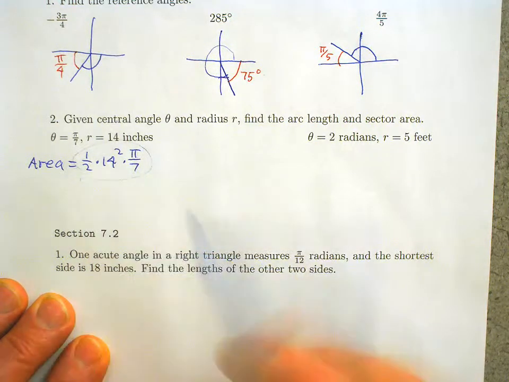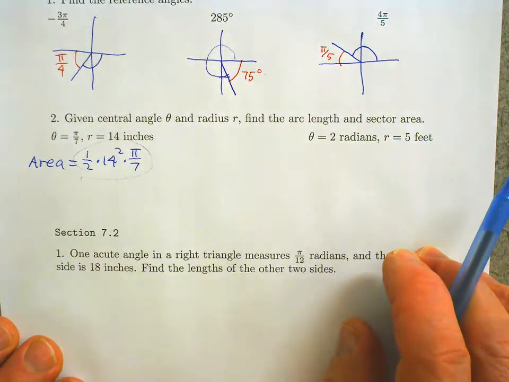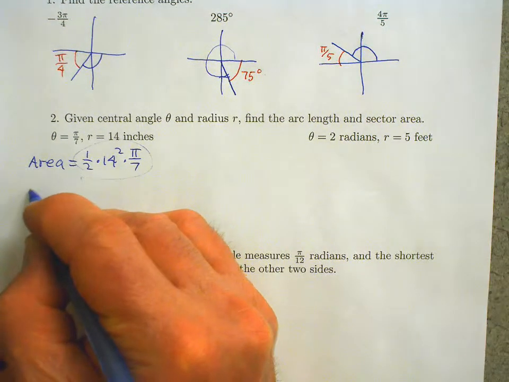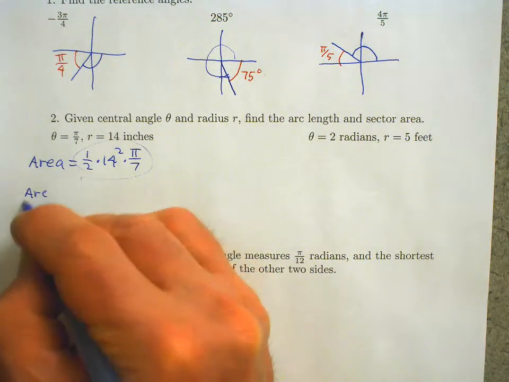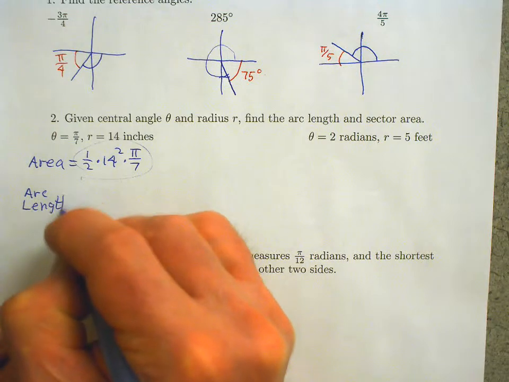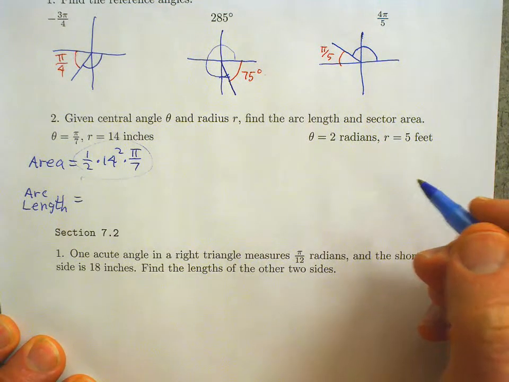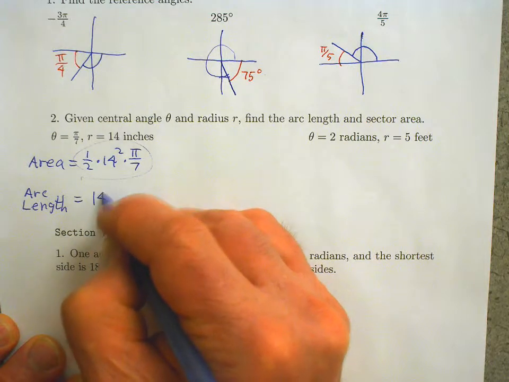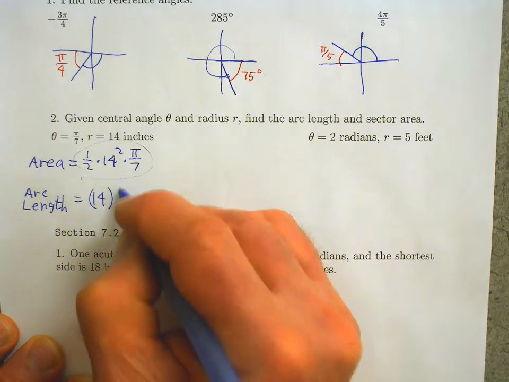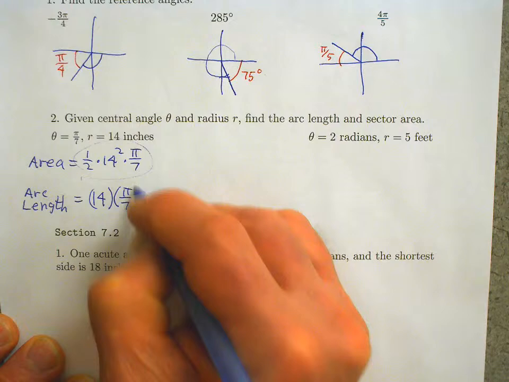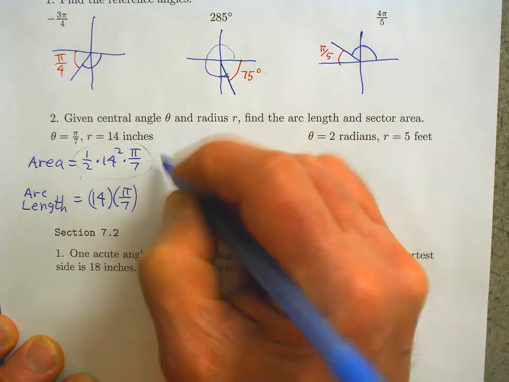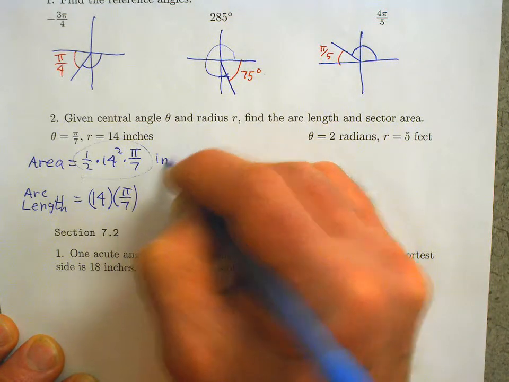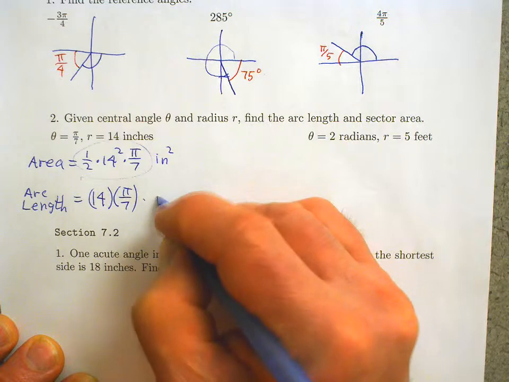And you could do the arithmetic on that. And then the arc length. Arc length is just r times theta. So 14 times pi over 7. So if you include the units for area, that's square inches, and arc length is just in inches.